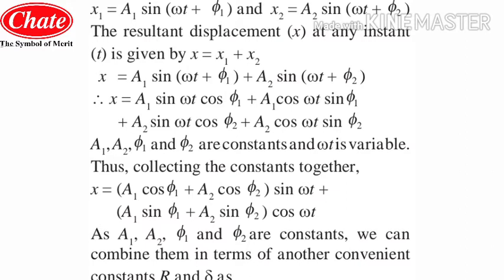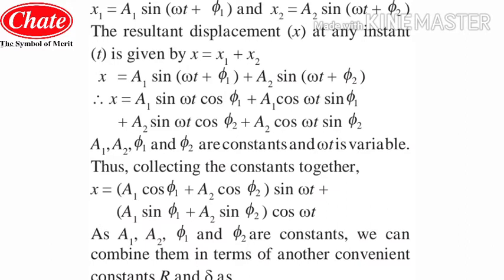Similarly, the expansion of the second displacement will be a2 sine of omega t into cos of phi 2 plus a2 cos of omega t into sine of phi 2.